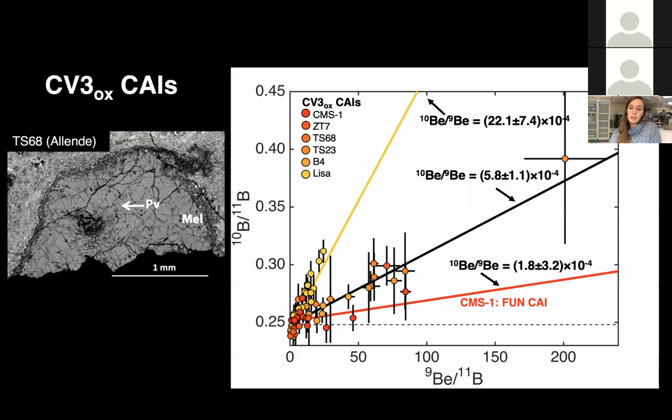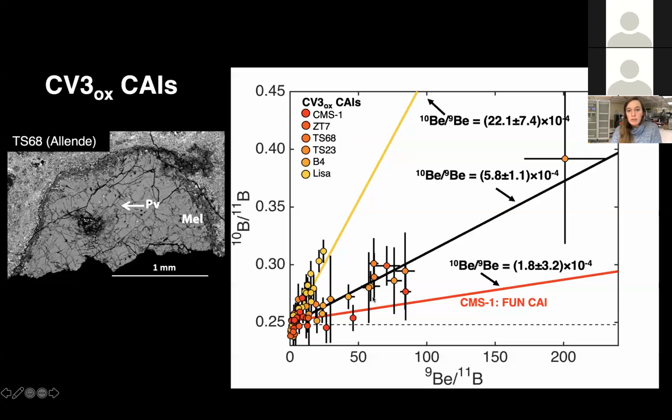So using these standards, I then went on to measure my samples. This is an example of one of my samples from a CV3 chondrite. This one is called TS68. Here, each of the different colors represents a different sample, and here's TS68 right here.